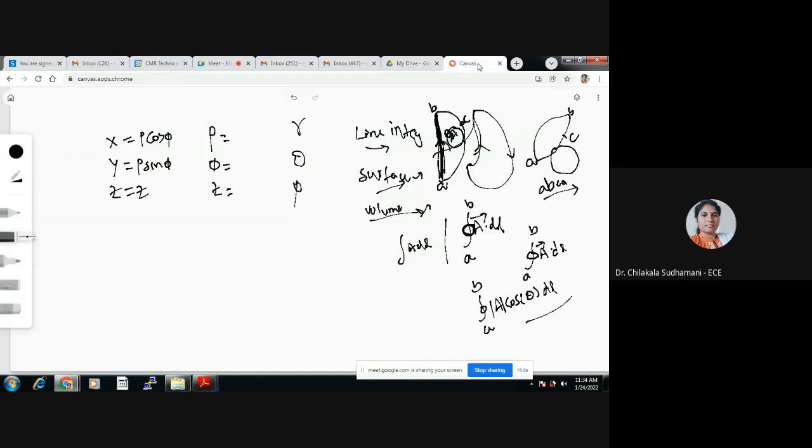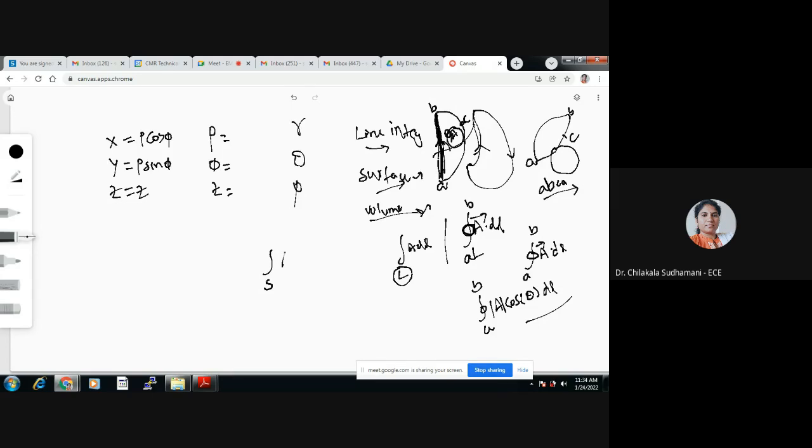What is the difference between the line integral and the surface integral? Here I am again considering length. If I represent the suffix as L, then it represents a line integral. If I represent it with S, then it is a surface integral.